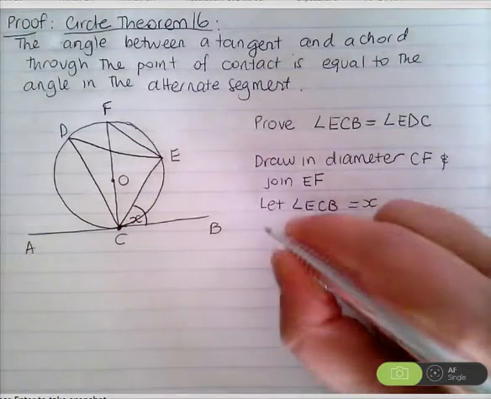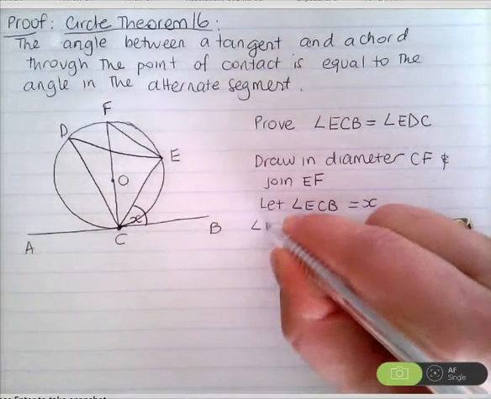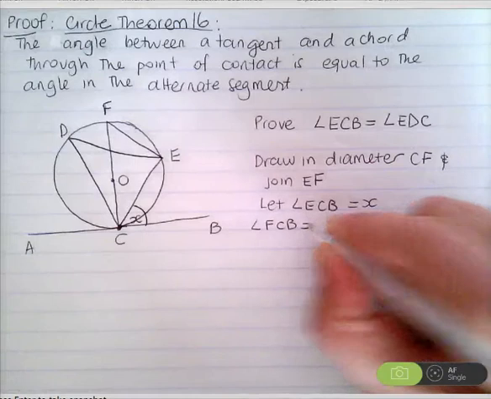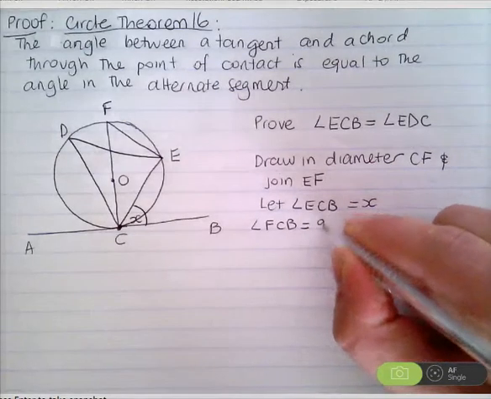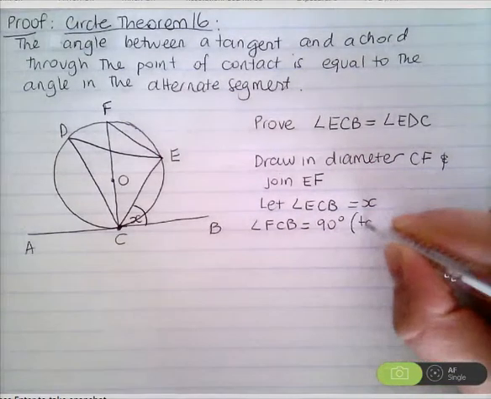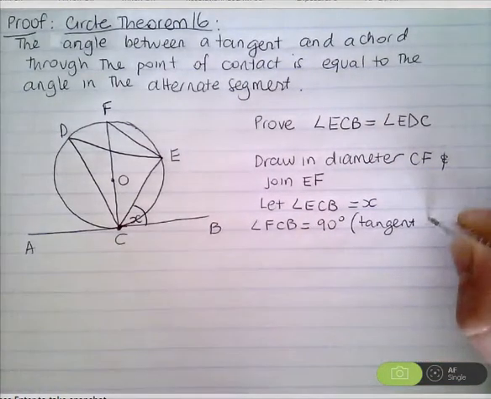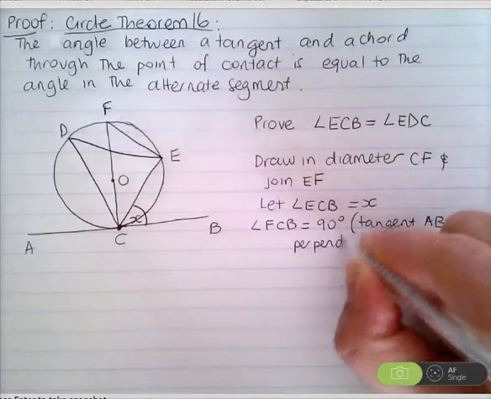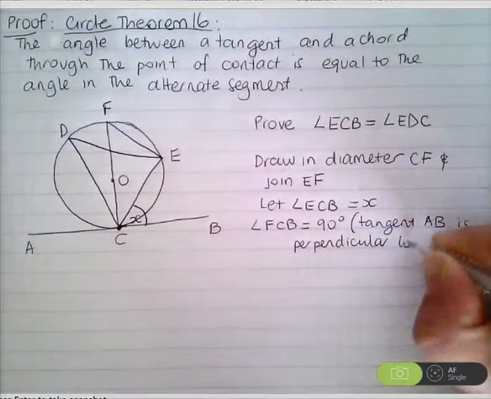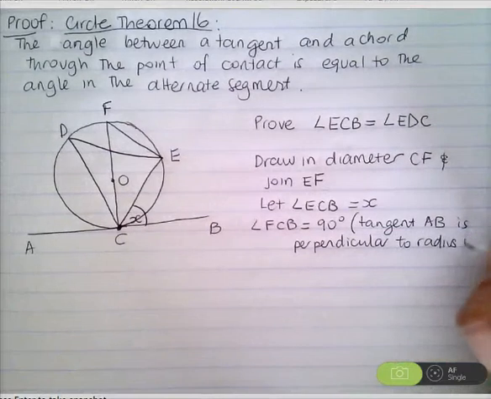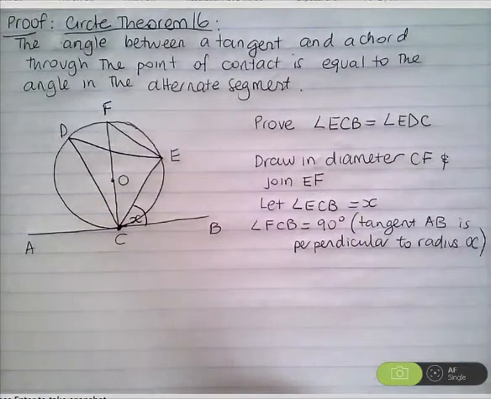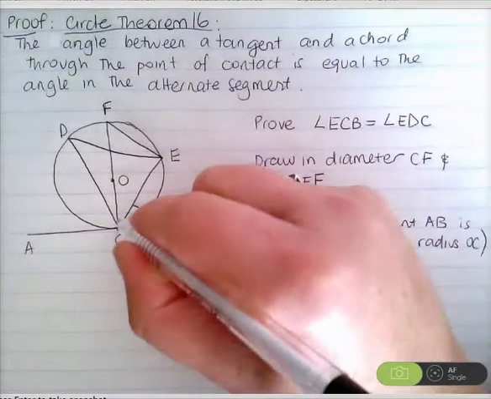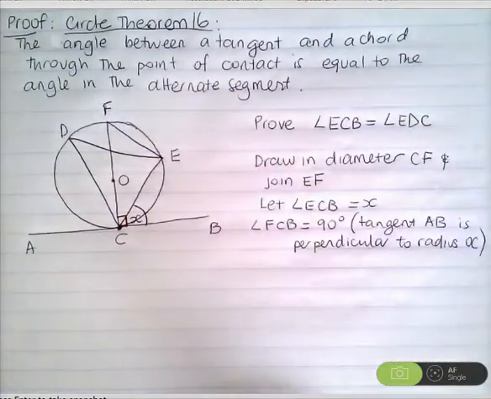So angle FCB is equal to 90 degrees. Reason: tangent AB is perpendicular to the radius OC, through the point of contact C. Okay, so we've got a right angle in there.